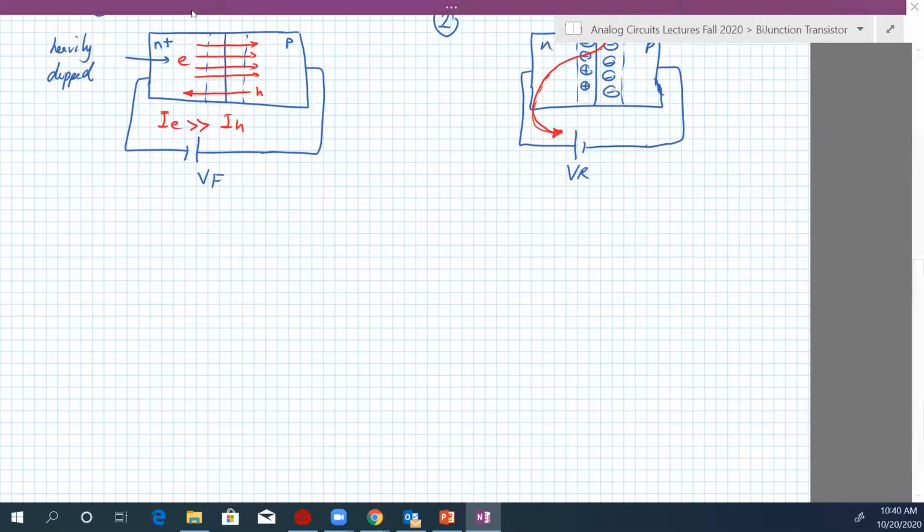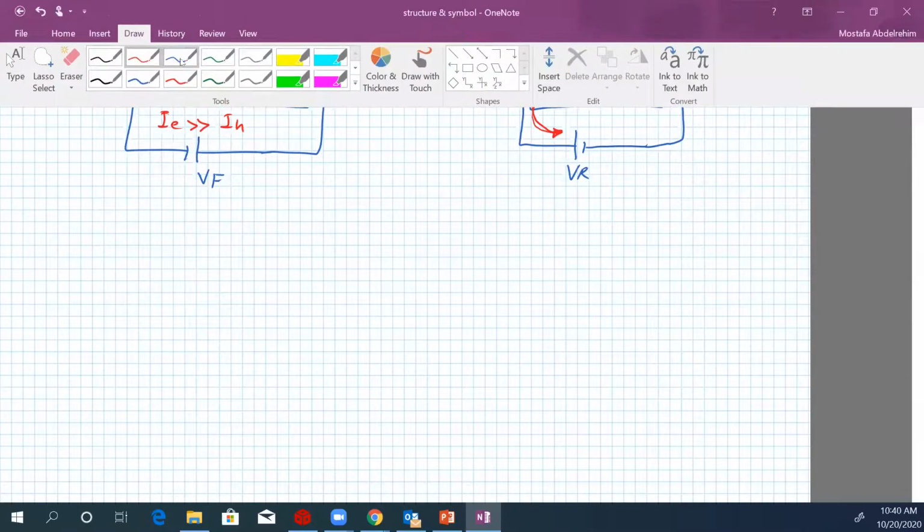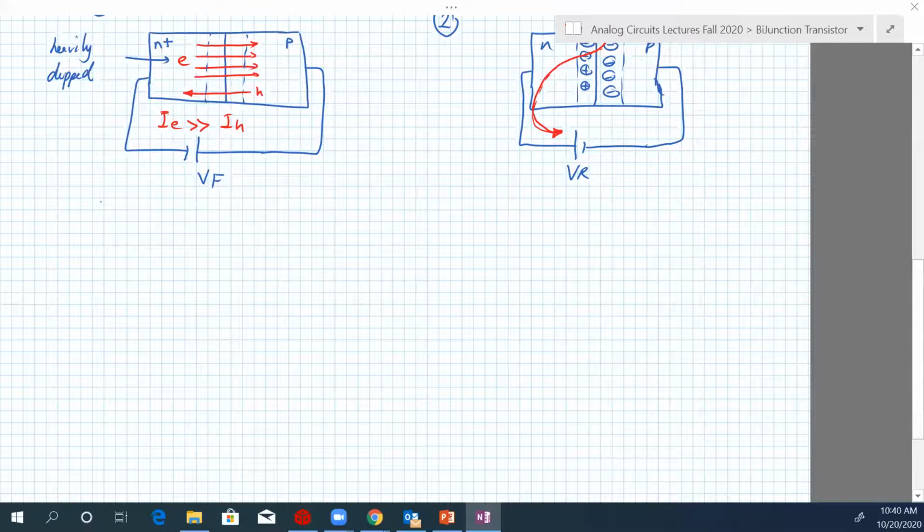Good. So let's apply these two principles to understand what's going to happen when we make J2 forward and J1 reverse. But before that, let's draw it again. We have here the base, P, here is the collector, and here is the emitter. I'm sorry, it's N also.